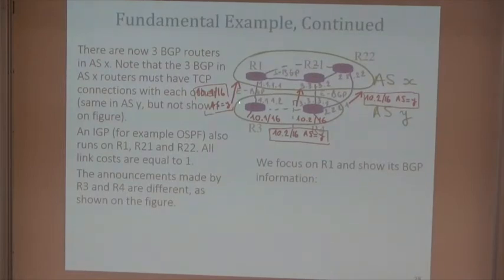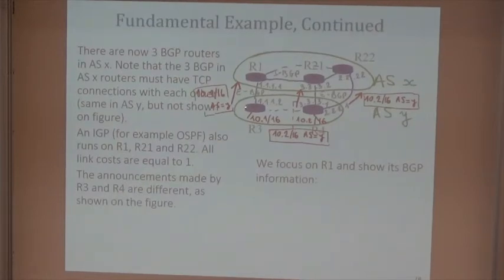We assume also that there is now a slight difference in policy in R3, in the sense that R3 has been configured such that, in domain Y, R3 advertises only the prefix 10.1, which perhaps is directly connected to it, and R4 advertises only the prefix 10.2. So it's a different configuration.